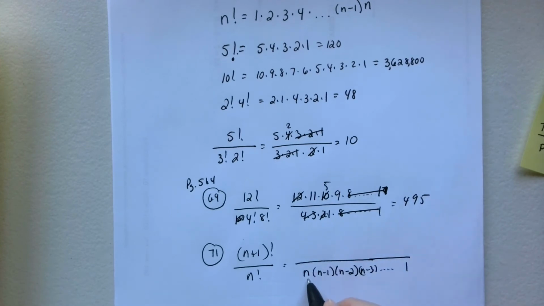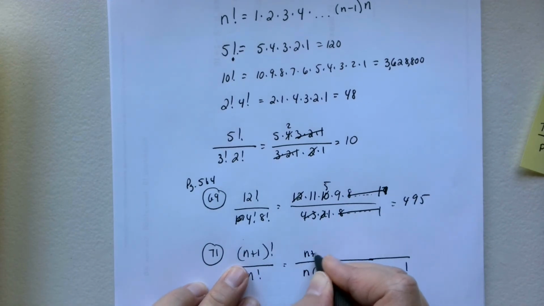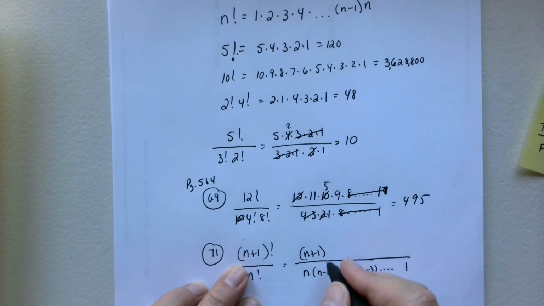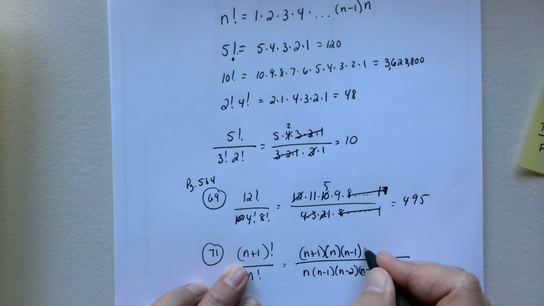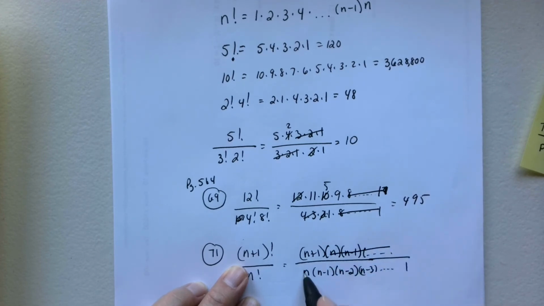Right here we have n plus 1, and we want to multiply it by the next number smaller than it, so we would subtract 1, and n plus 1 minus 1 is just n. Then the next number smaller is n minus 1. And you can basically just cancel everything except n plus 1. So again, kind of fun.